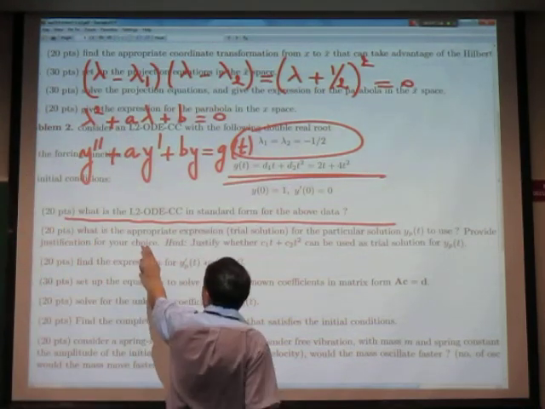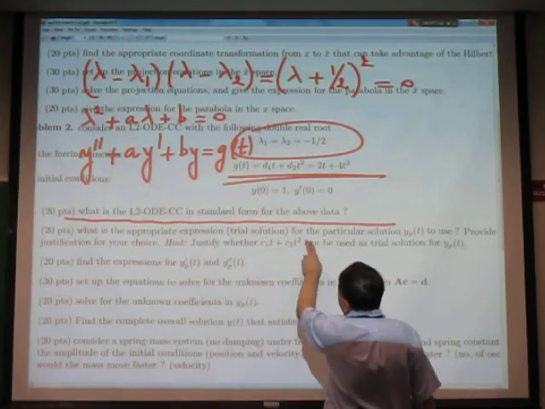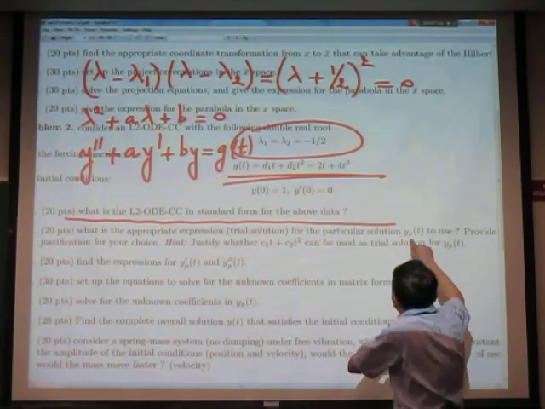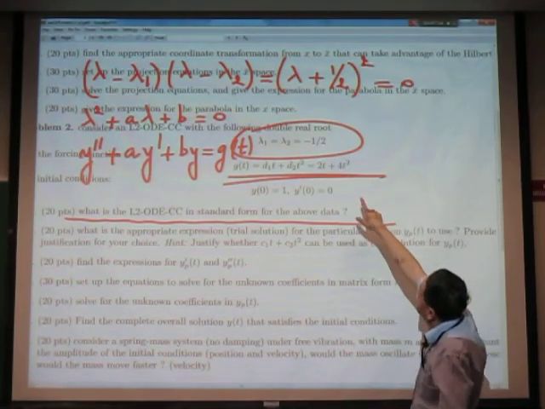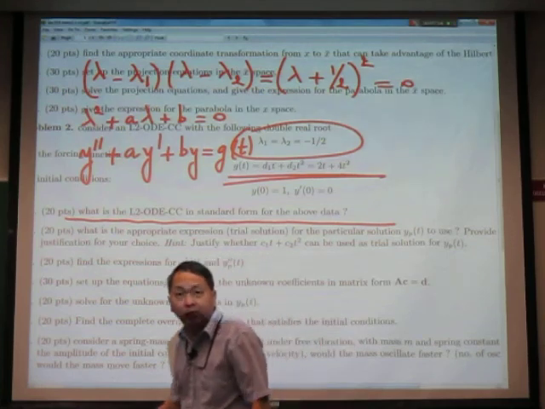The second question is the appropriate expression for the trial solution for the particular solution yp. You see that this is a second order polynomial.